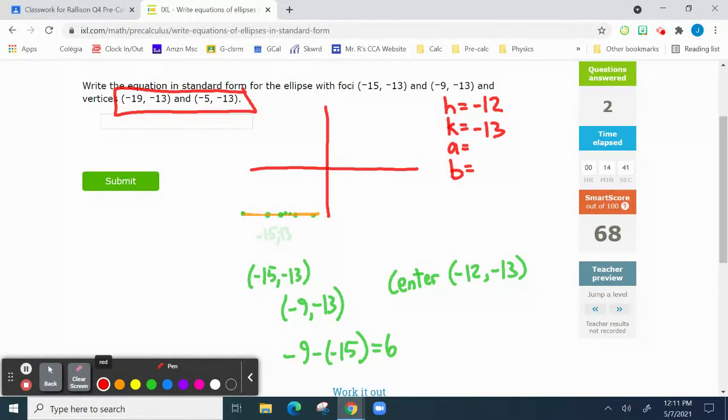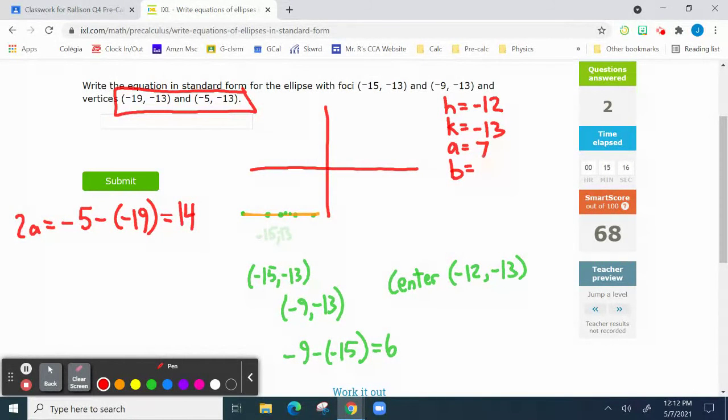So all we're going to do is say 2a equals, and we'll start with the rightmost one, negative 5 minus negative 19, which is 14. So 2a equals 14, which means that a equals 7, right? I can just do that.